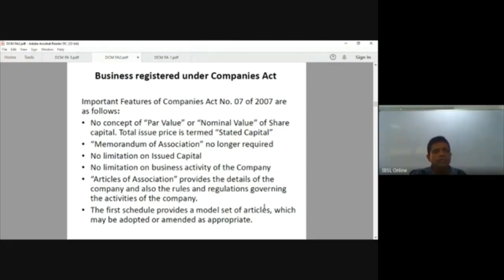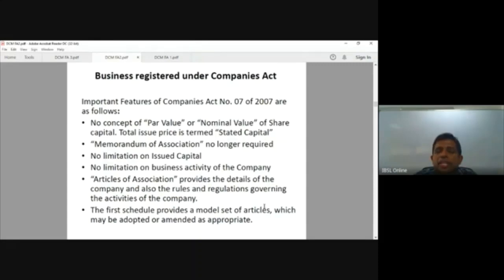If you defined your objectives to a particular area, the company could only do that business under the previous regime, that is the 1982 Act. But the new Company Act said there is no need to define the objectives of the company. Any company can do any area of business. There is no restriction of business under the new Company Act.